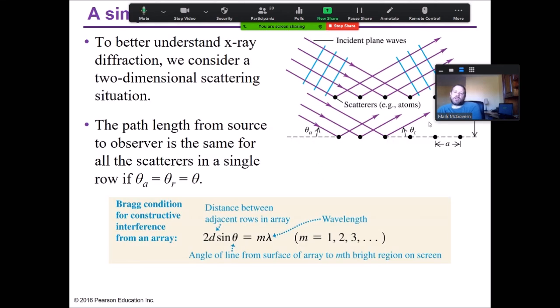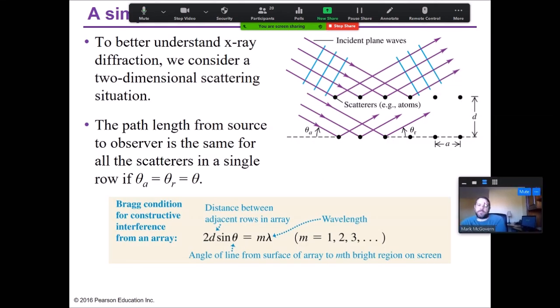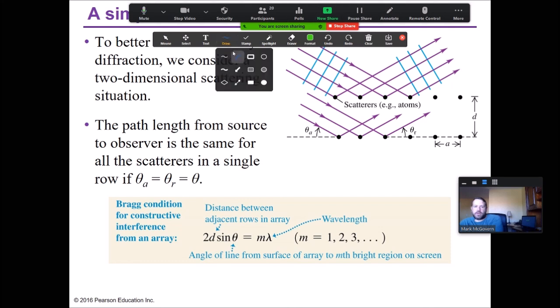So the way this looks, and you can see up here how this is happening. Say we have two different layers of atoms here, a layer up top and a layer on the bottom. As the light reflects off a given layer, everything is going to have the same length. Great. But the rays that come to the layer underneath and come up can interfere with rays from other directions.